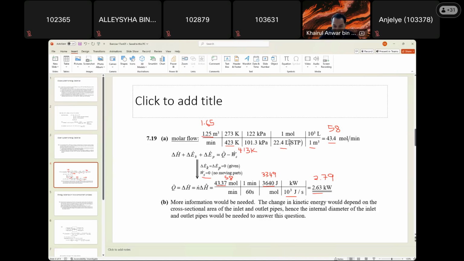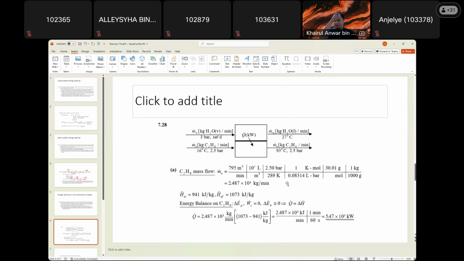So the unit should be 22.4 liters per mole, and the gas constant in kPa liter over mole Kelvin. So the conversion for the flow rate here, okay, for this conversion, this is 3.5 bar with 9 Kelvin.